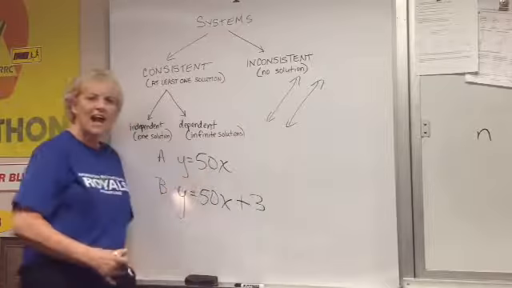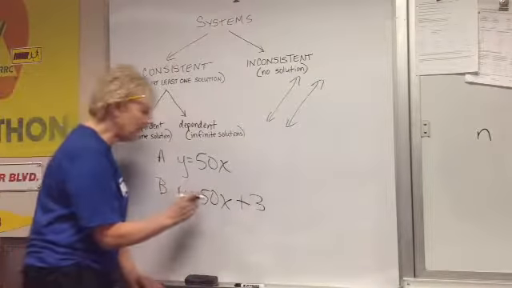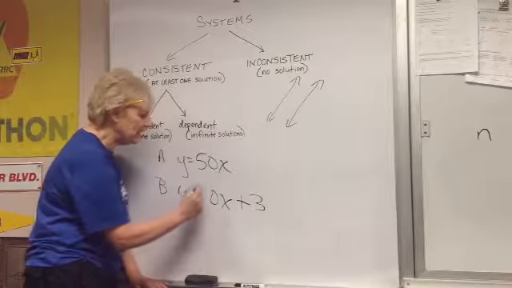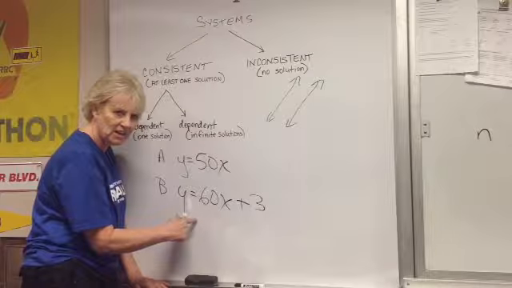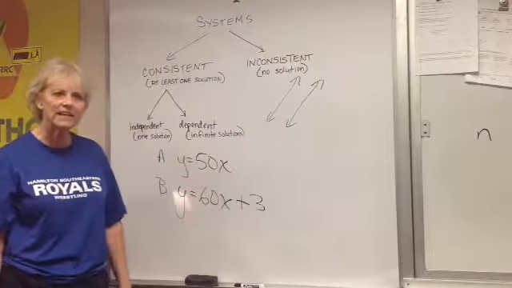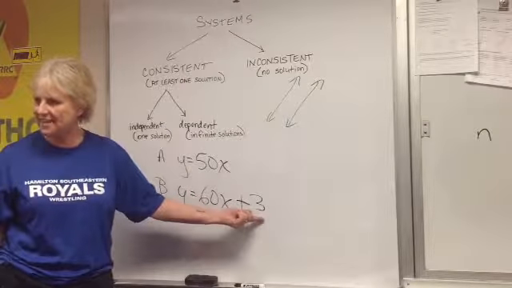Are they ever going to have the same amount of copies at the same time? No. What about if this one is going faster and it already had 3? No, they're never going to. This one's faster and he's already ahead.